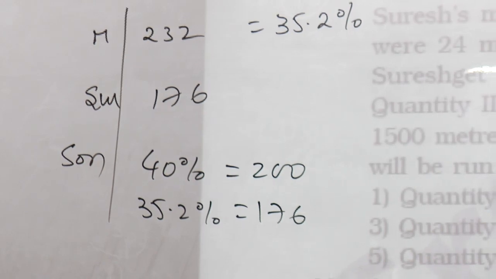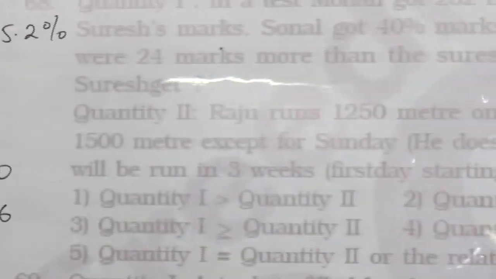Next, quantity 2. Raju runs 1250 meters on Monday and Friday. Other days he runs 1500 meters, except for Sunday. He does not run on Sunday. How many kilometers will he run in 3 weeks? First day starting from Monday.